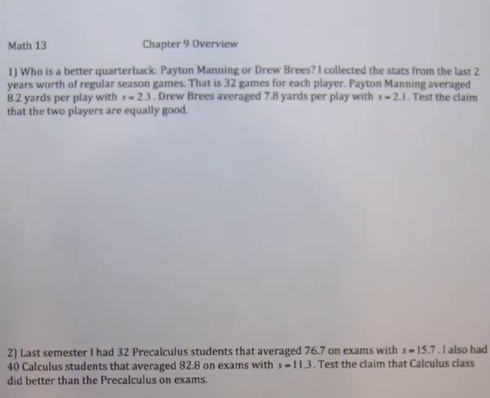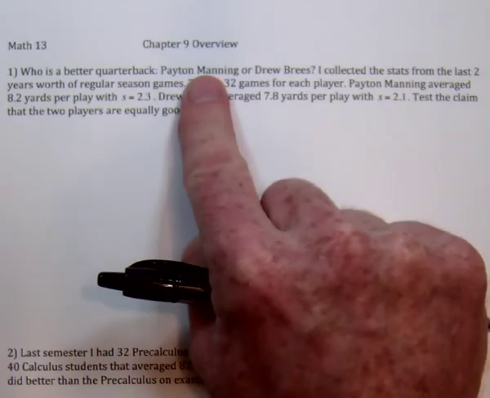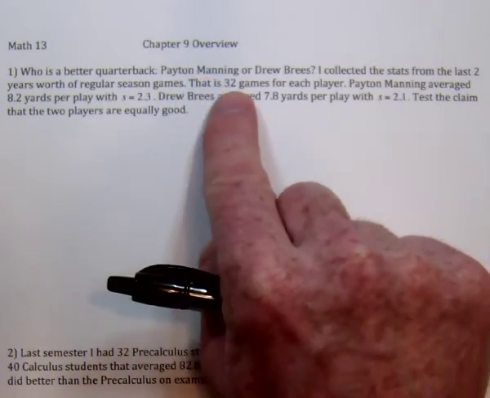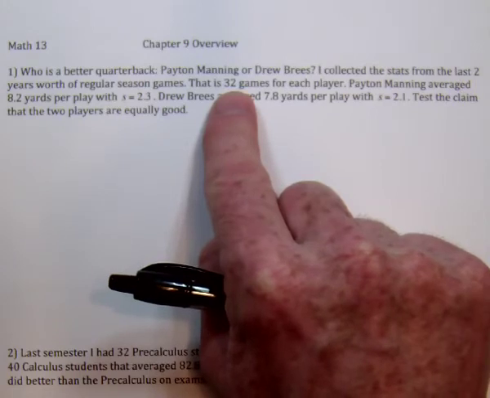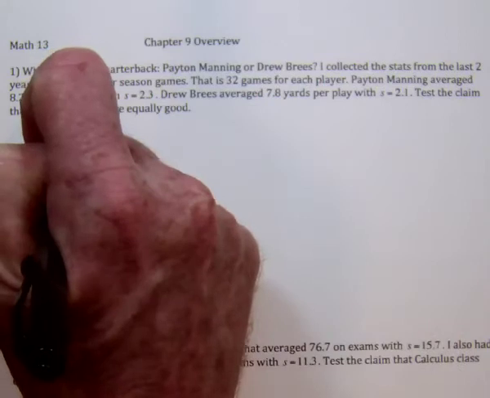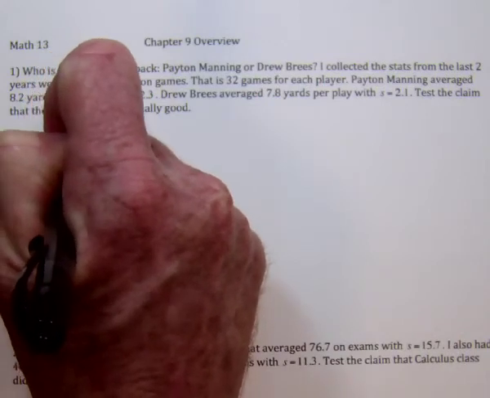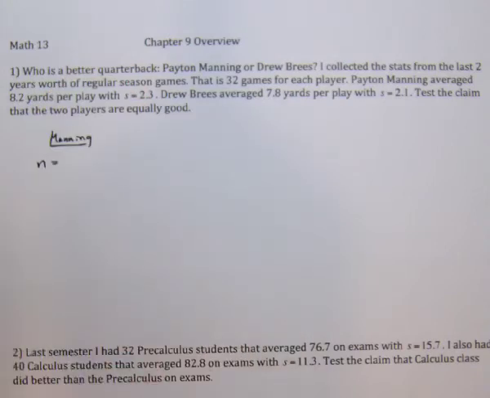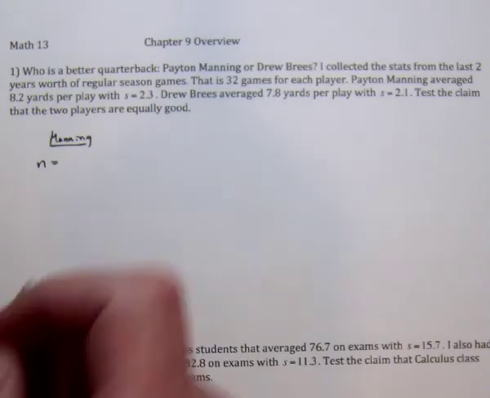So we're comparing two quarterbacks from the NFL, Peyton Manning and Drew Brees. And to make the sample size large enough, I went over the last two seasons. So my data, let me just collect that right here. For Manning, I've got n equals 32 games.